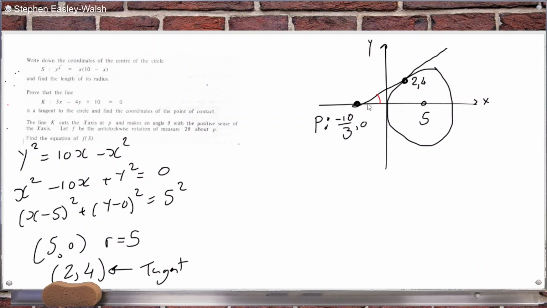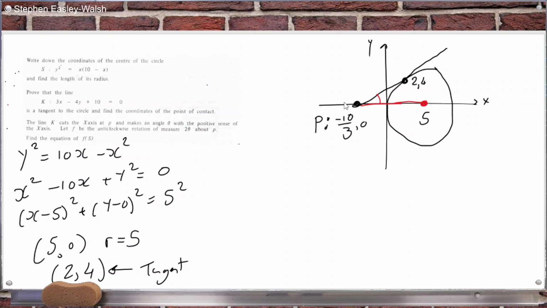So, okay, what's going to happen? The radius of the circle isn't going to change by rotation. It's only the center. So, F is an anti-clockwise rotation of measure 2 theta about P. So I think what they're saying is that I start here and swing it around 2 theta.